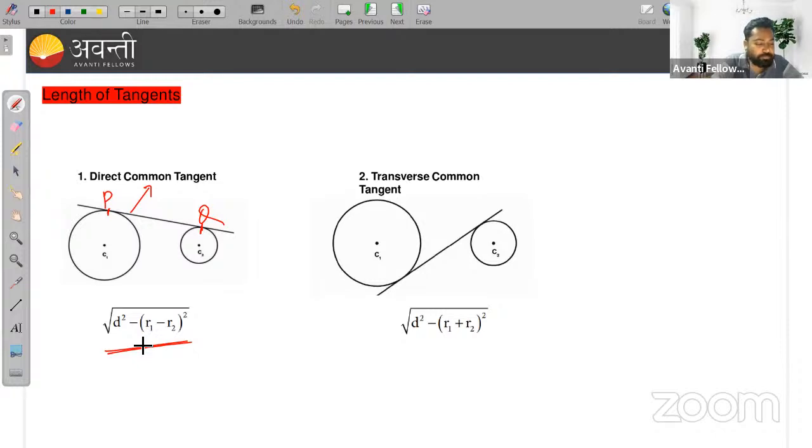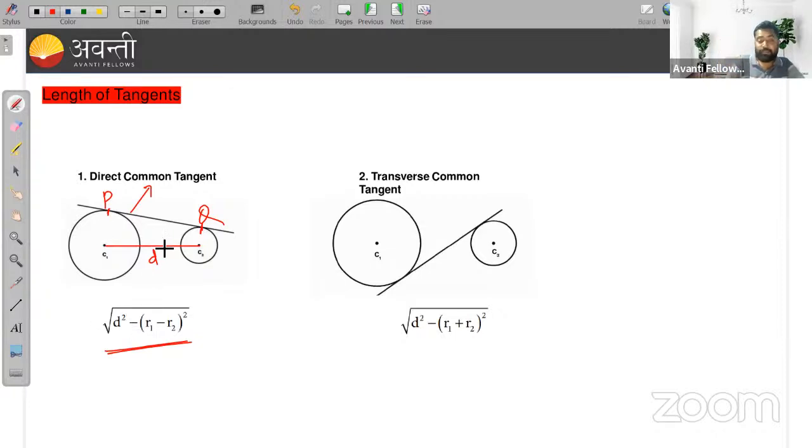Clear? Okay, what is d? Anyone can say? d is actually the length between the centers. This is my d.